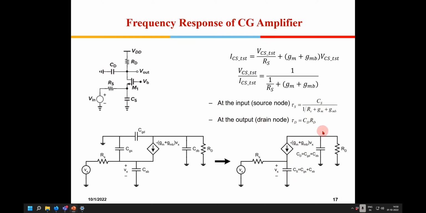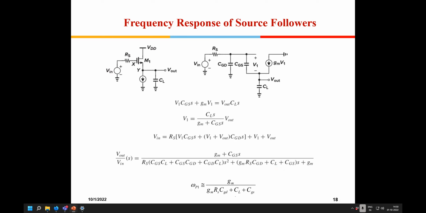So obviously the CG amplifier will have a higher bandwidth. Okay, is it okay till here?